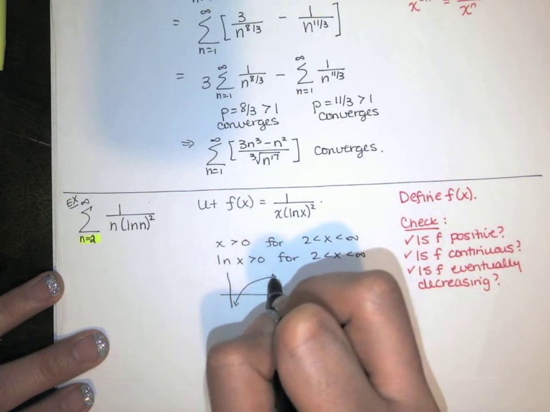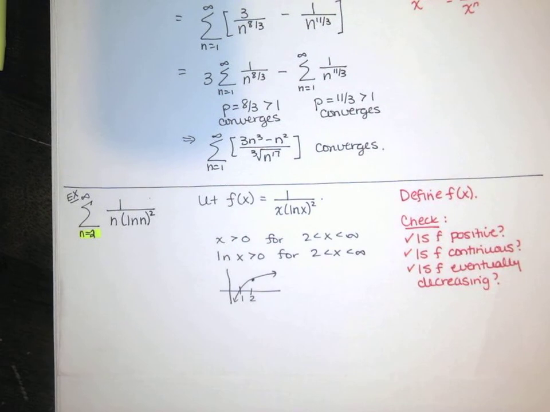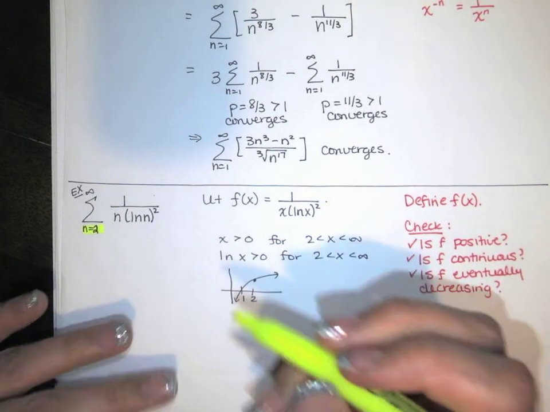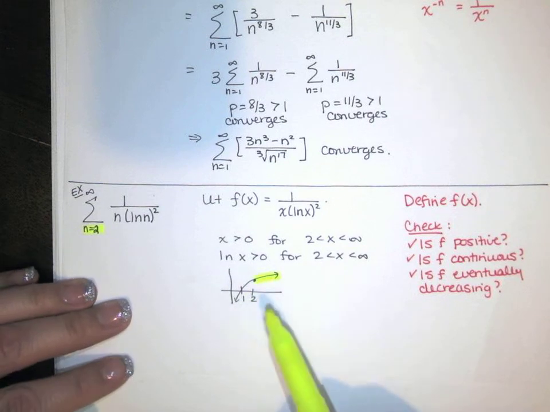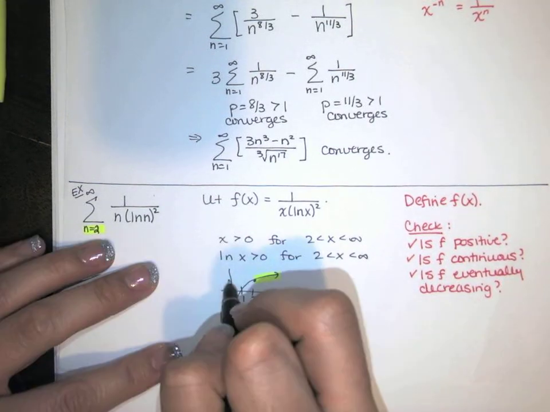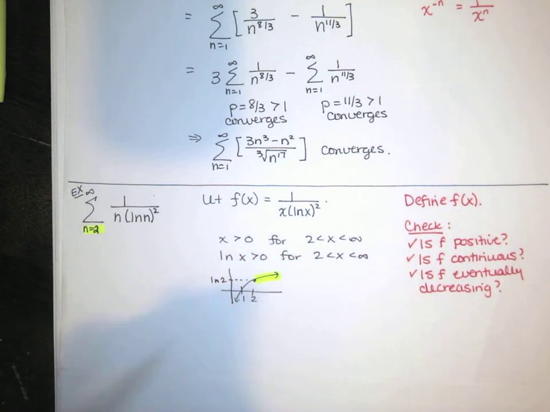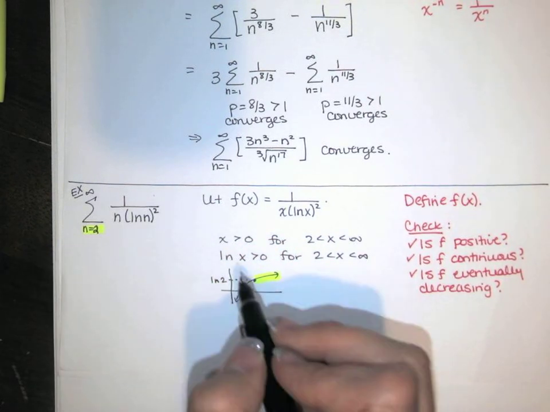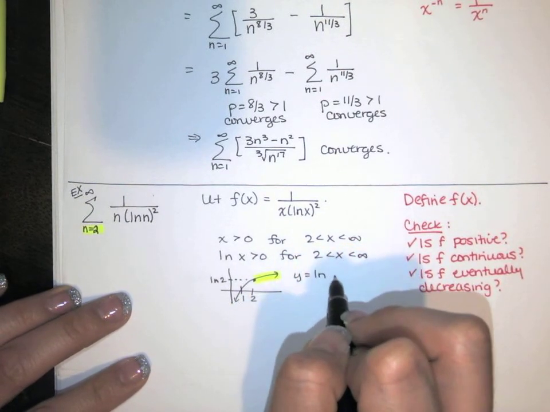Here's natural log of x. It crosses at 1. So from 2 to infinity, the y values on the natural log graph, those are all positive. They start from natural log of 2 and they go on up.